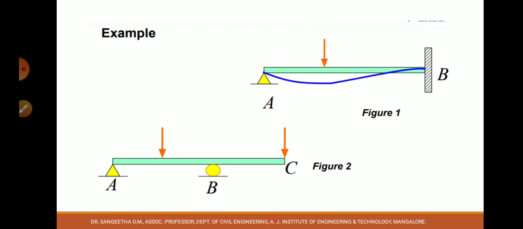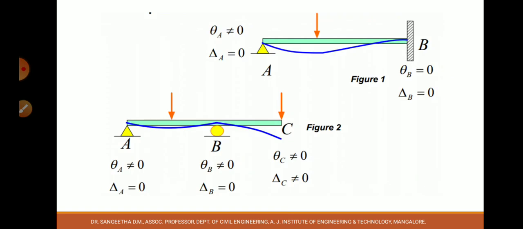Similarly, in the case of the continuous beam, there is a point load in the cantilever portion also. Let's see how the deformation occurs. Due to the point load there is bending. At the supports it is 0, and at the free end it can bend. So due to the loading it is maximum.